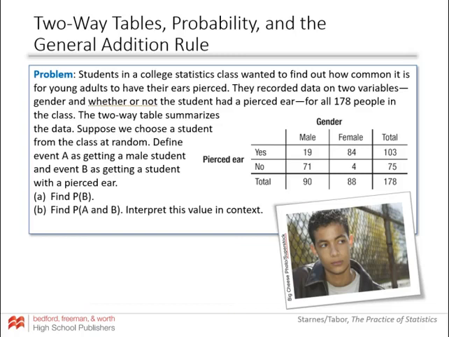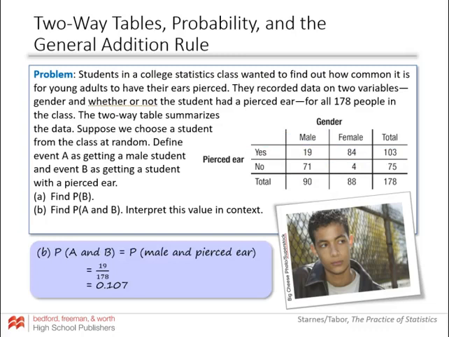Find the probability of A and B. Now we want someone that is both A, which is male, and B, has their ear pierced. So I'm looking at just this box, the overlap between male and has their ears pierced. It's this box right here.